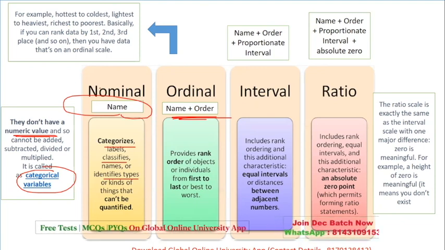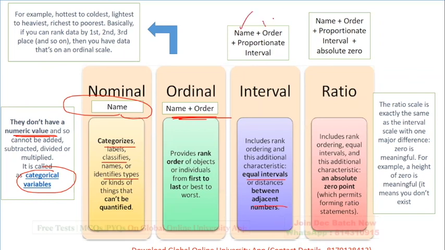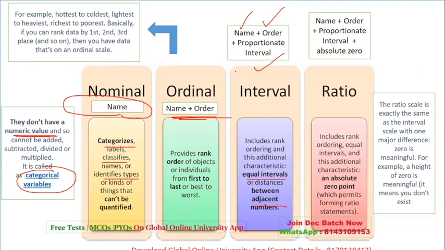Interval is name, order plus the proportionate. It talks about the intervals, the adjacent numbers. It means the name, the rank, and the interval. For example, the interval between 2 and 4, that gap is 2. Between 4 and 6, the gap is 2, which is consistent, which is the same.